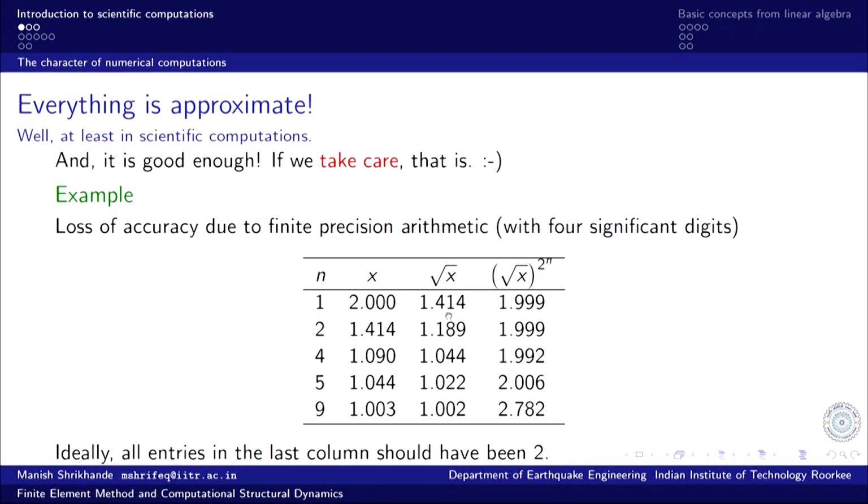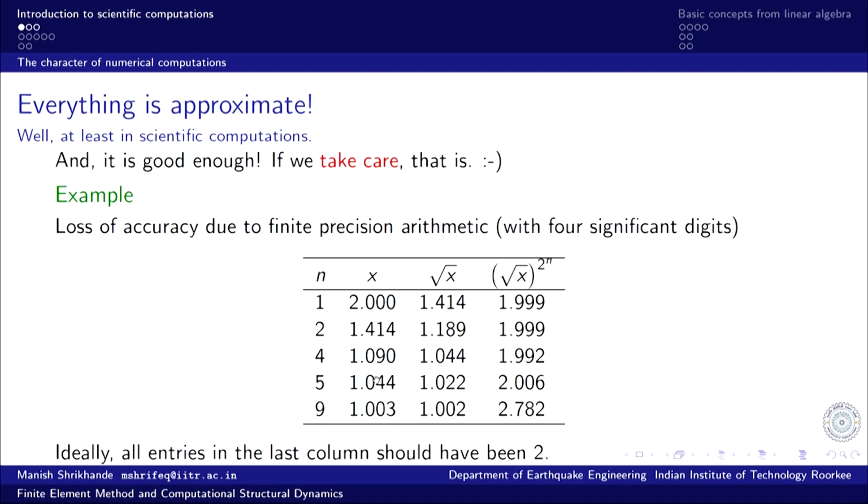So, 1.414 is the square root and its square again is 1.999. So, we have some loss of accuracy here, and then I take this number and take its square root again and make it power 4, and so on.